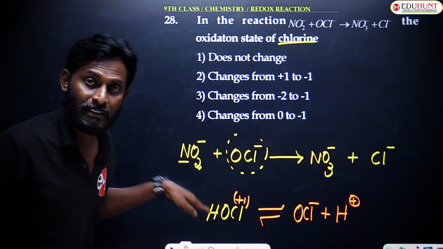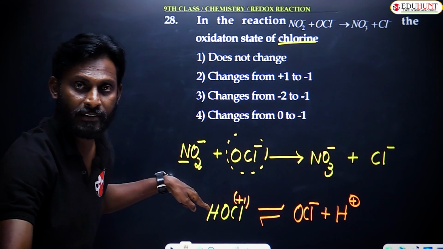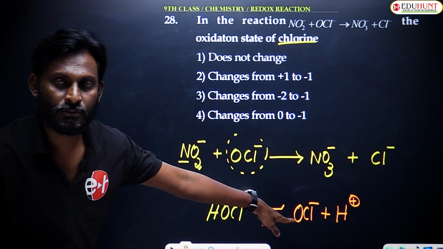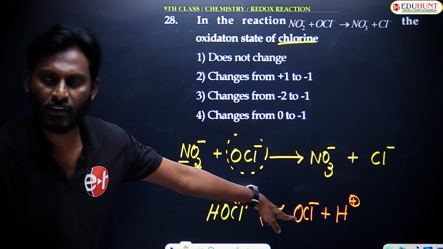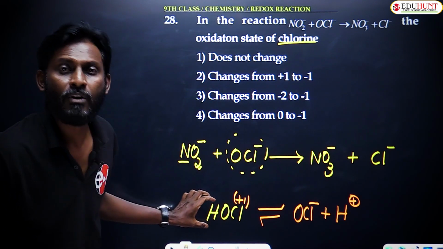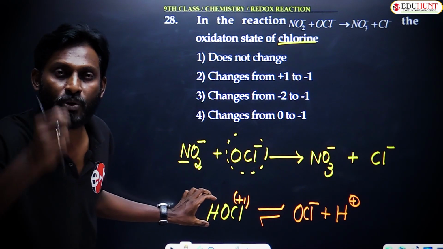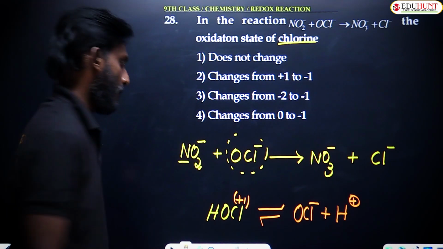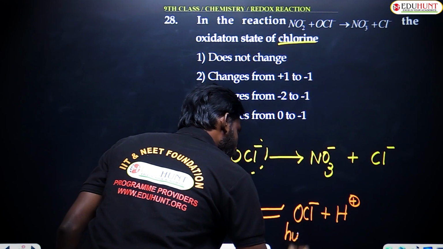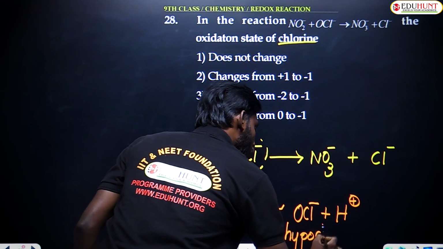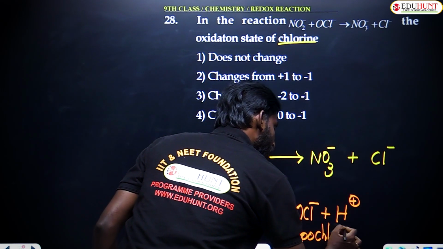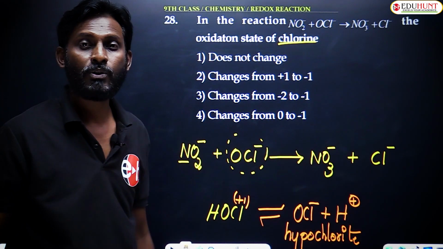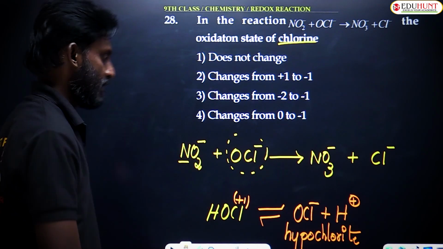So when I call this hypochlorous acid, what's the name of this conjugate base? You don't know what a conjugate base is? Then forget it, no problem. When you call this hypochlorous acid, then this is the hypochlorite ion. So here the chlorine is in +1 state.